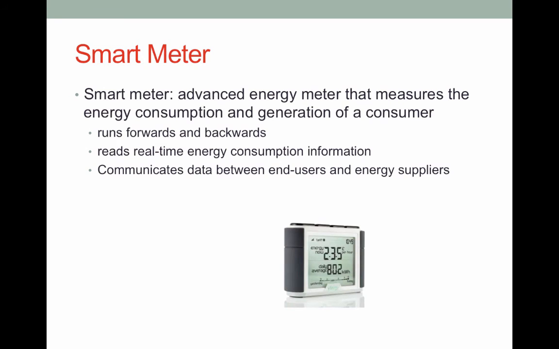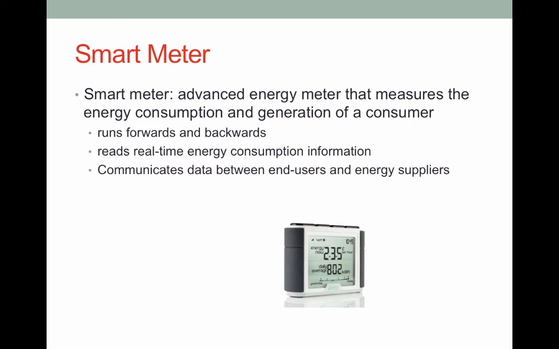Smart meters are advanced energy meters that measure the energy consumption and energy generation of end users. Smart meters are very important for end users who have distributed generation, for example, people who own solar panels on their rooftops, or farmers who own wind turbines on their farms.